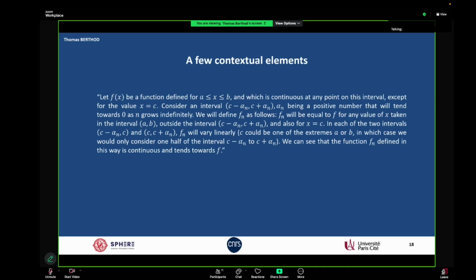So you could not fix a step, an increment that is sufficiently small for each discontinuous point. You have to change the increment during your process. If you want to do that, you should introduce something that is usual today, a sequence of a sequence.